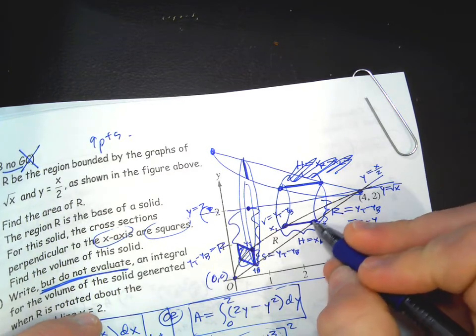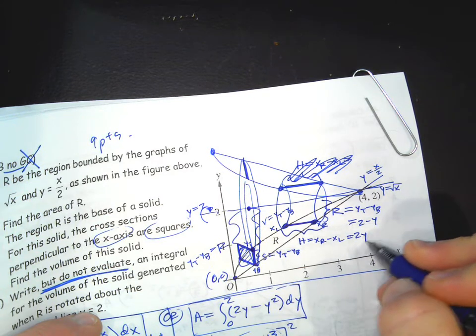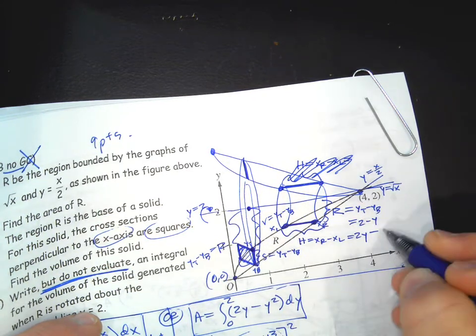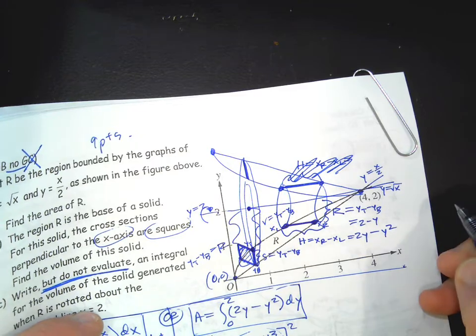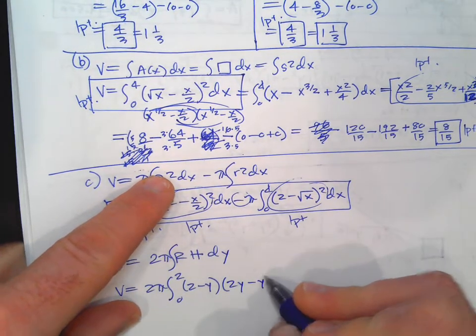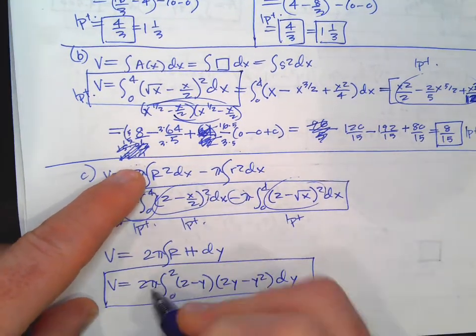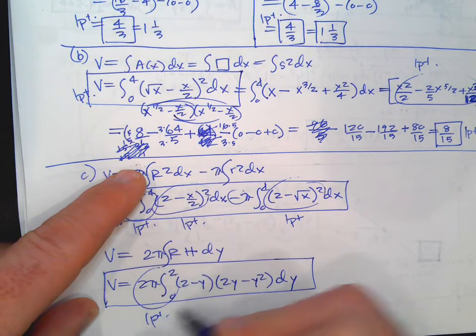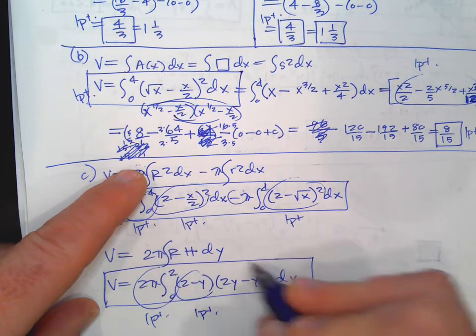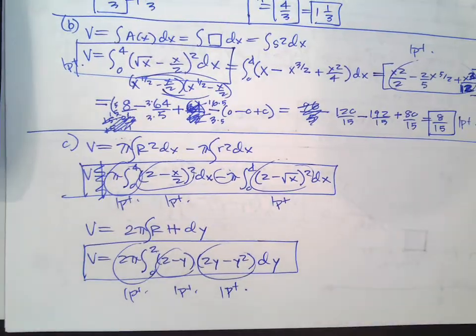X right is the line, which is 2y, minus x left, the sideways parabola, which would be y squared. So it's going to be 2y minus y squared, 2y minus y squared dy. Point, point, point.